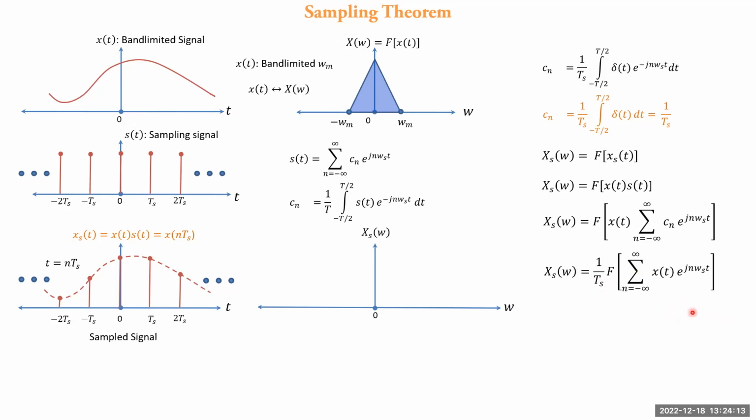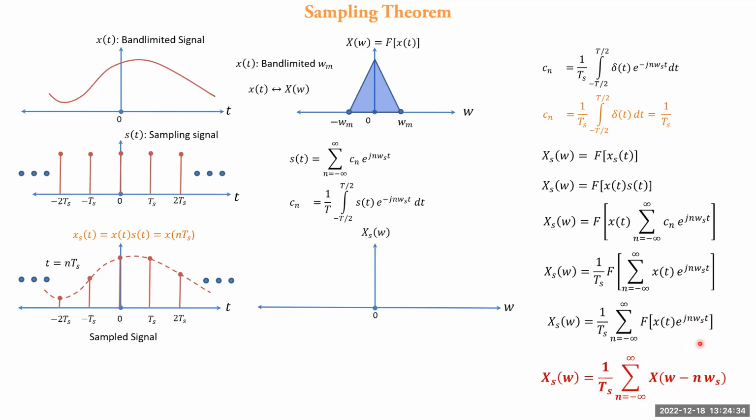Now we can compute the Fourier transform of x(t) times e raised to jn omega s t, and here we can apply the modulation property which we already studied in our previous lecture, and therefore it will become X(omega minus n omega s).